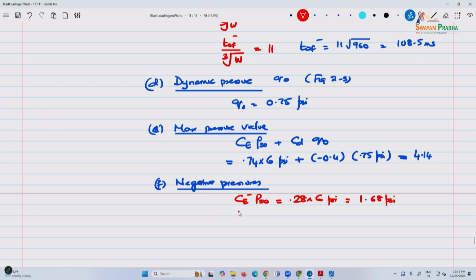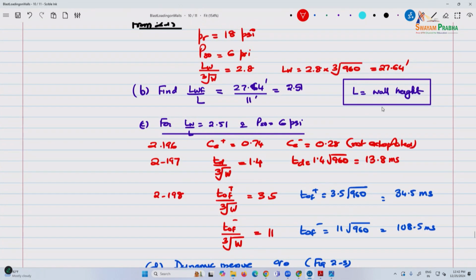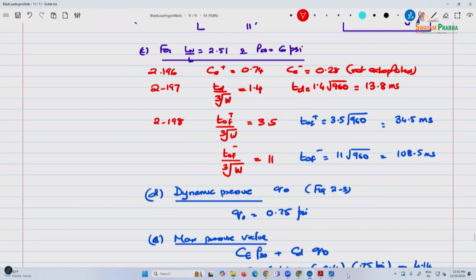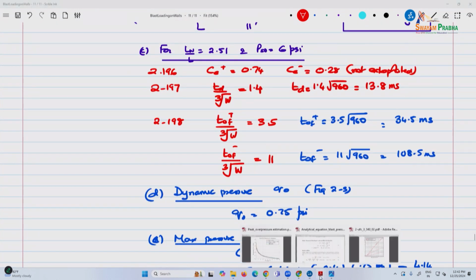So what we now have, TO by cube root of W. This is the duration. It is different now. This is again from figure 2-15. For Z, what was Z? 11.35.